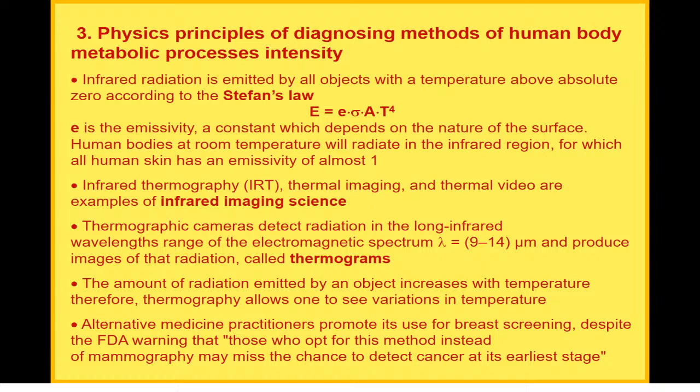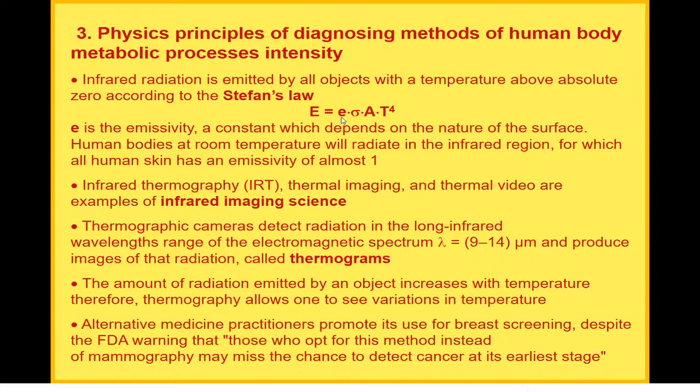Infrared radiation is emitted by all objects with a temperature above absolute zero according to Stefan's law. You can see how much energy is released when the surface temperature is of this amount. This is the emissivity, a constant which depends on the nature of the surface.